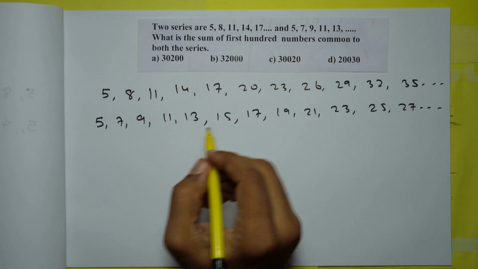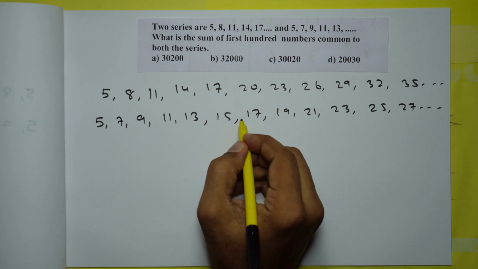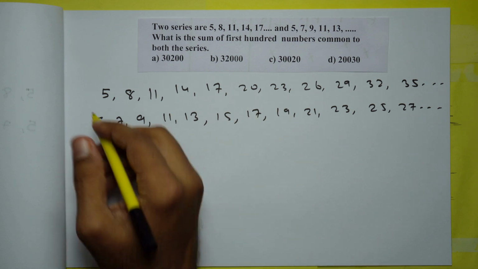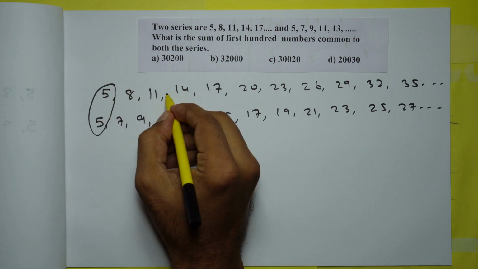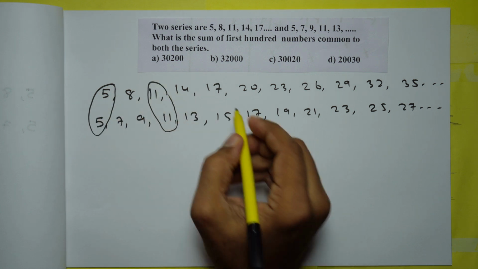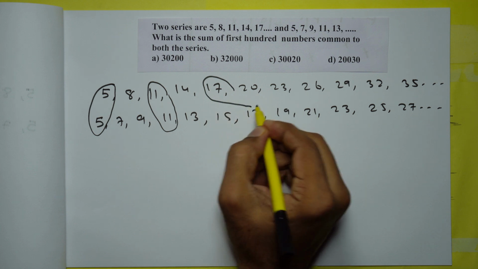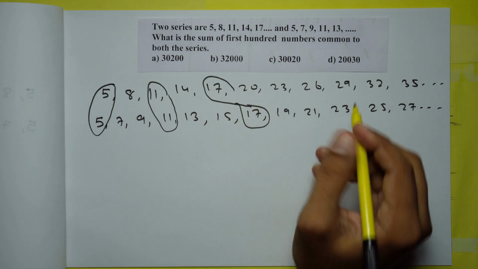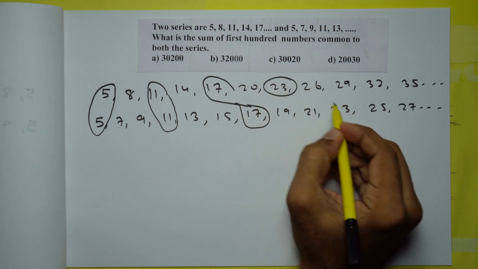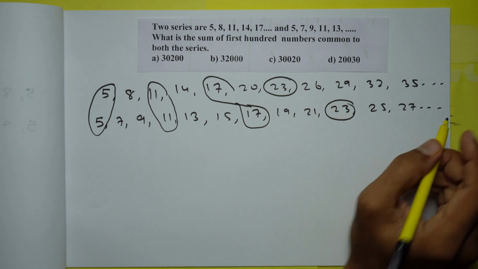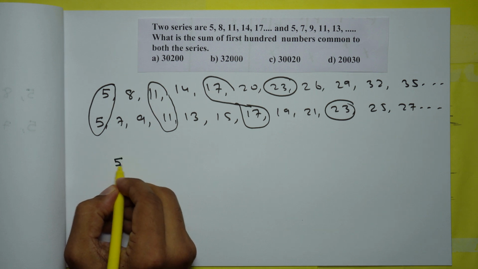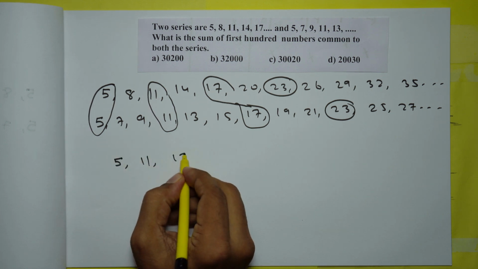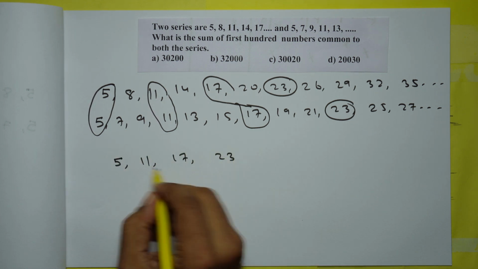So we must find out those numbers that are common to both the series. So here you can see 5 is common to both the series, 11 is common, 17 is common, then 23 is common and so on. So if you write down the numbers that are common to both the series, that will be 5, 11, 17, 23 and so on.